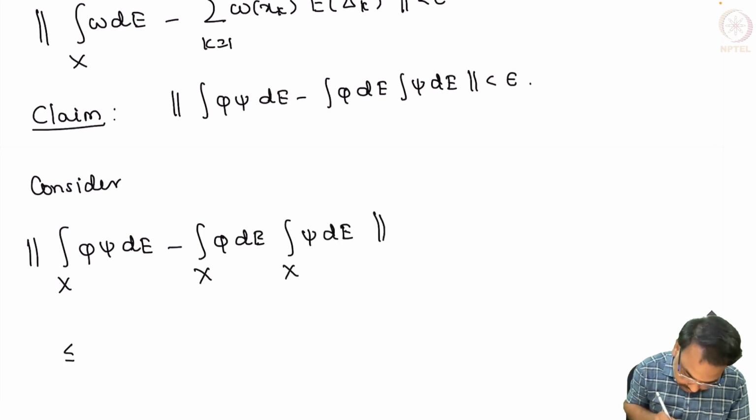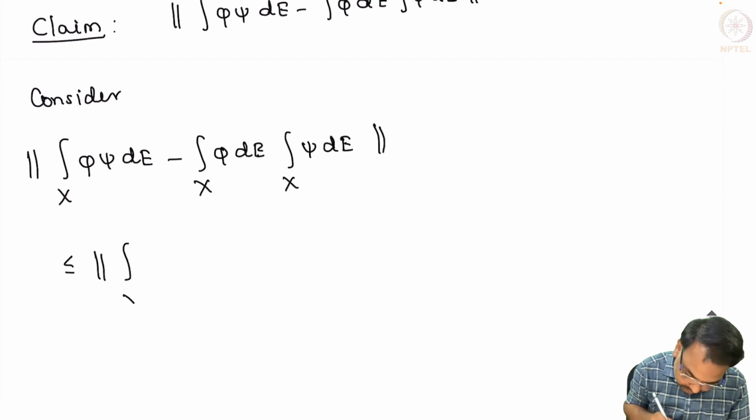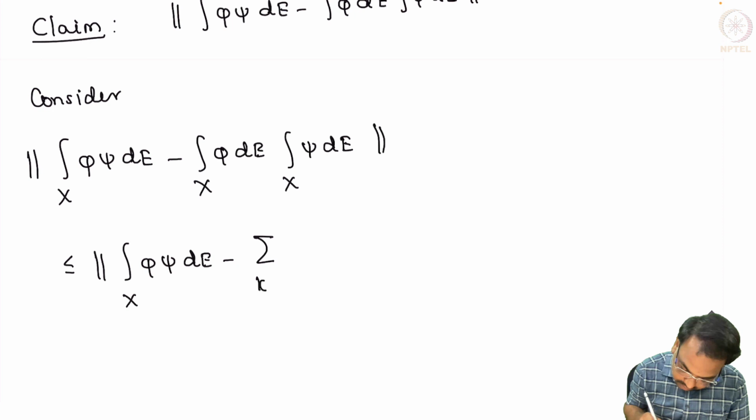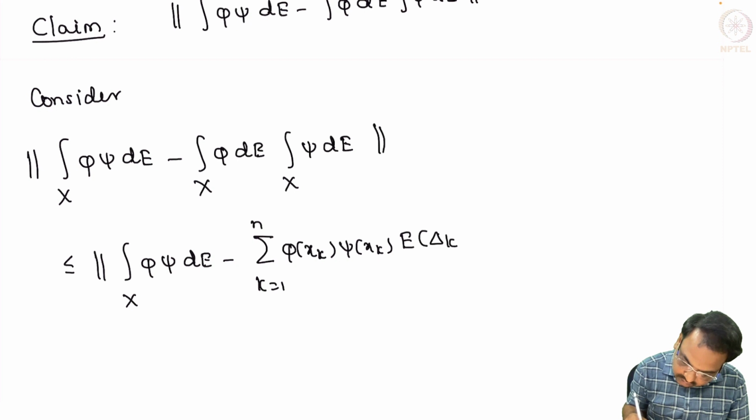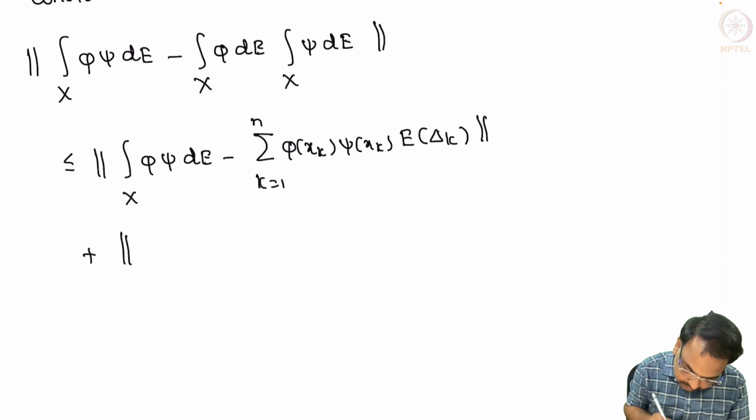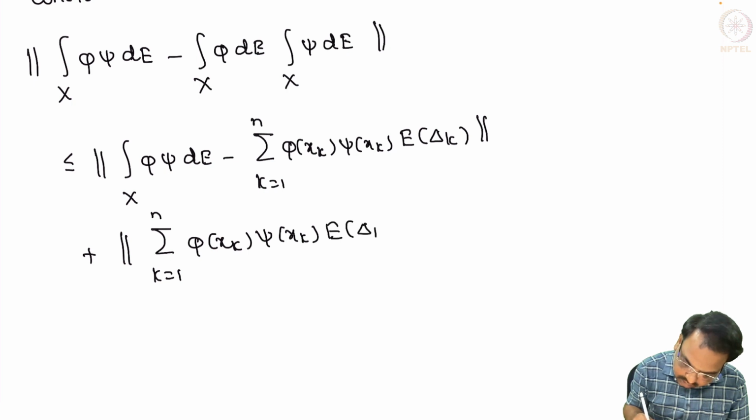This is, by triangle inequality, less than or equal to the norm of the integral over X of phi psi dE minus summation k equal to 1 to n phi(xk) psi(xk) E(Δk), plus the norm of summation k equal to 1 to n phi(xk) psi(xk) E(Δk).